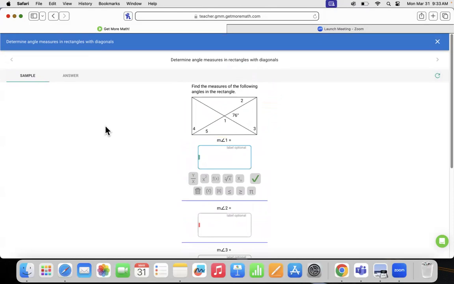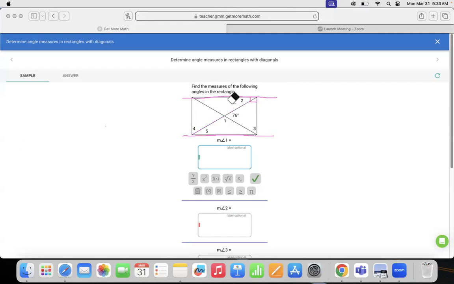So it says find the measure of the following angles in the rectangle. So again, if we know that these are rectangles, we know that these angles are going to add up to be 90 degrees. And we also know that if we think about this as parallel lines, which they are because it's a rectangle, this is a transversal, which means we have alternate interior angles. So 2 and 5 are going to be the same, and 4 in this blank area are going to be the same. Okay.